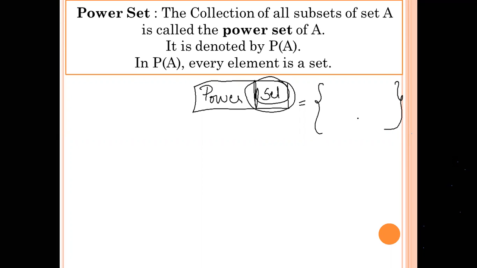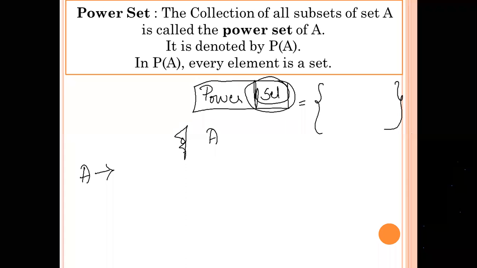So now what is the power set of a given set A? If you include all the subsets inside a set, then it is called a power set. So power set is nothing but the collection of all subsets of a set A.